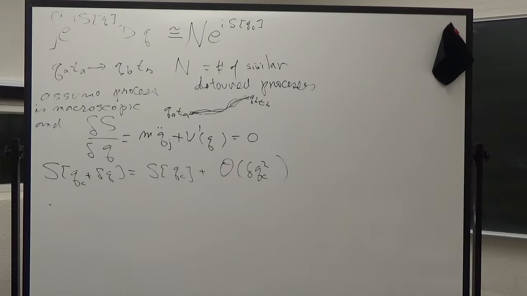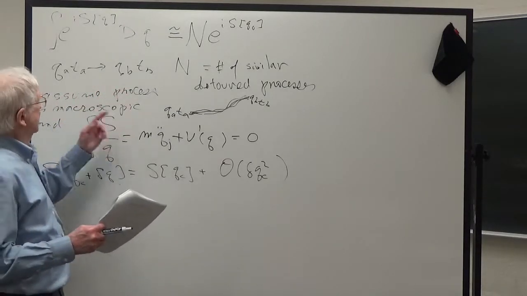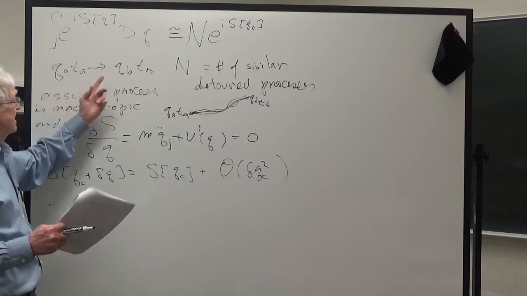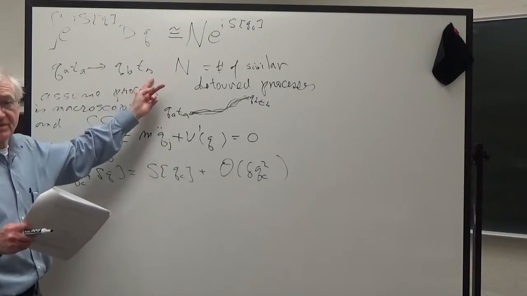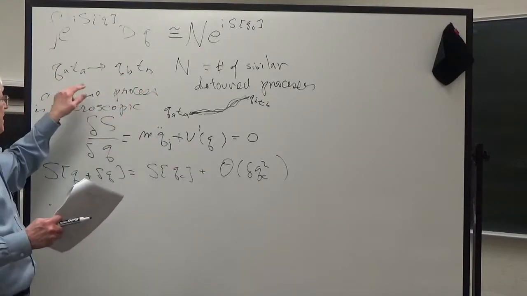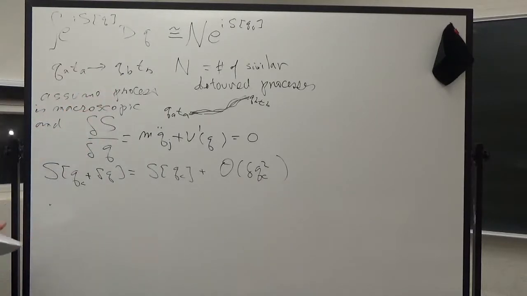There, the action for every process is essentially trivial. And consequently, anything can happen. If we consider the amplitude to go from QA, TA to QC at time TB, where QC is not related to QA by any classical process, still the action is going to be zilch because it's a microscopic process.